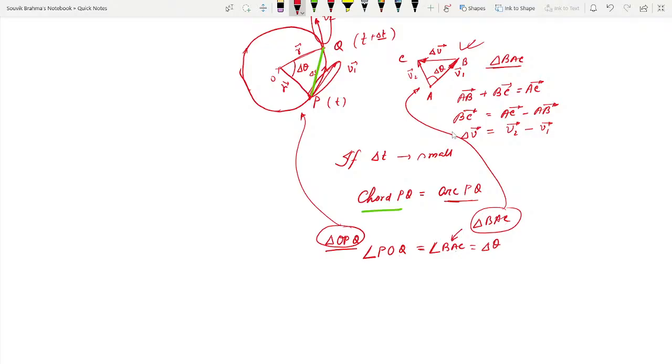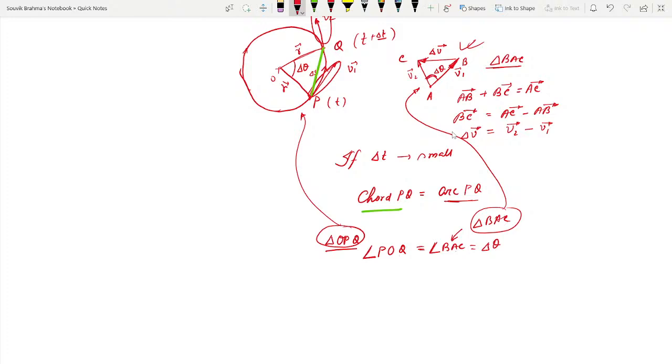When the angle between the radius OP and OQ, that means delta theta, is the same as the angle between the tangents at P and Q, tangent P and Q means this.